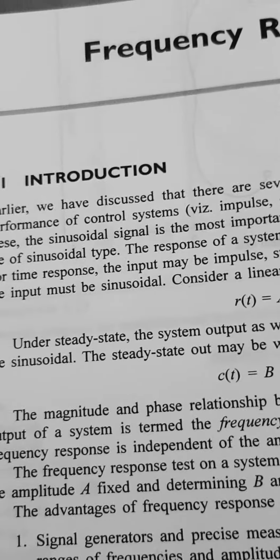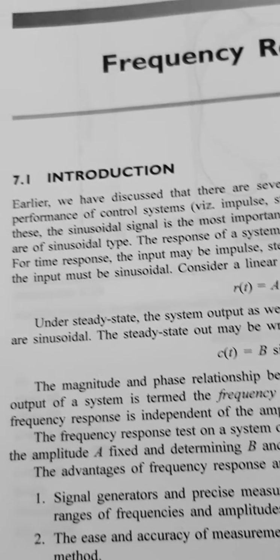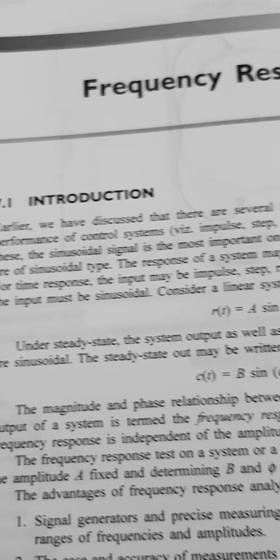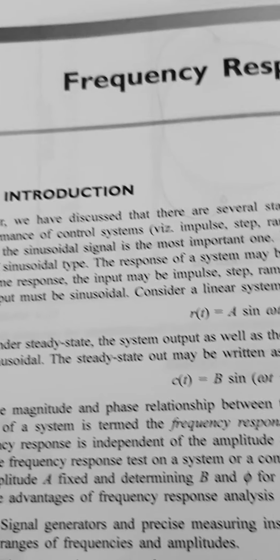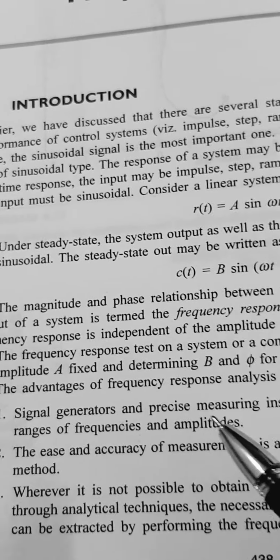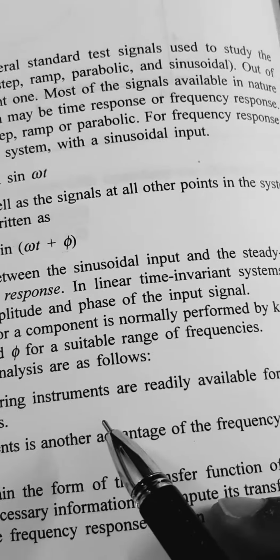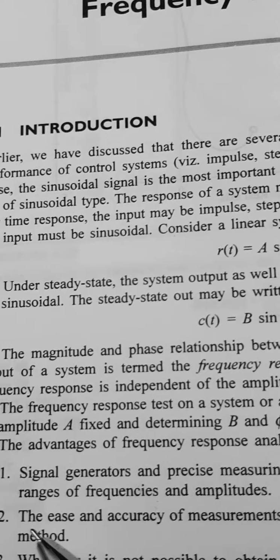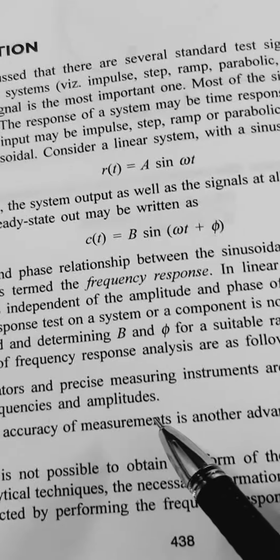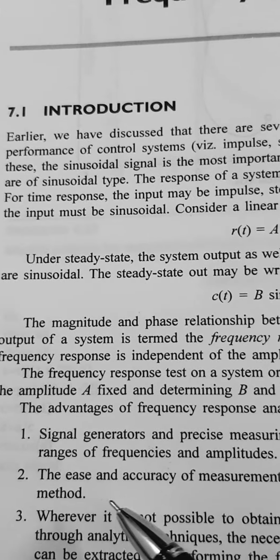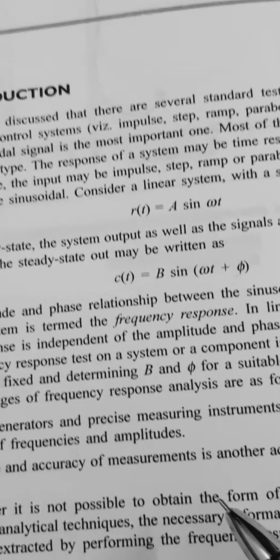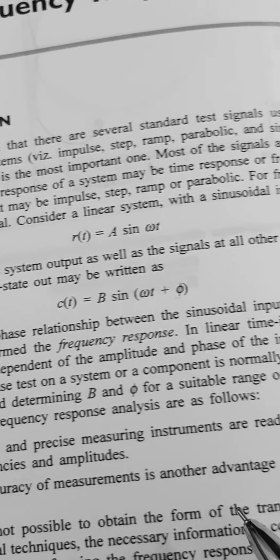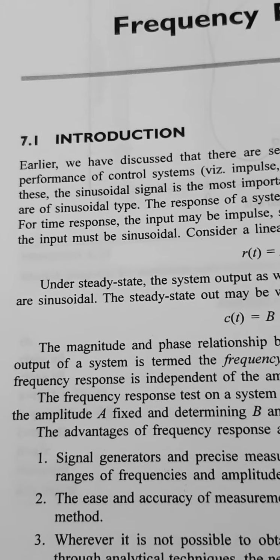The advantages of frequency response analysis are as follows. Signal generators and precise measuring instruments are readily available for various ranges of frequencies and amplitudes. The ease and accuracy of measurement is another advantage of the frequency response method.